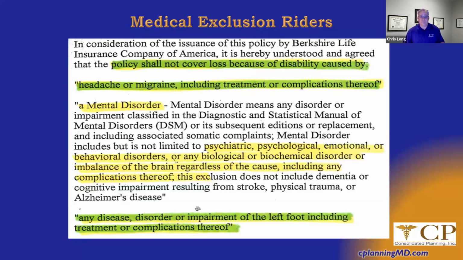Best case scenario, if you're taking something for anxiety, depression, or even ADHD, you're going to have a mental, nervous, and substance abuse disorder exclusion on your contract. A lot of people are taking these things for very good reasons, but it never would have crossed their mind that an insurance company is now going to look at them differently and put an exclusion on their policy.